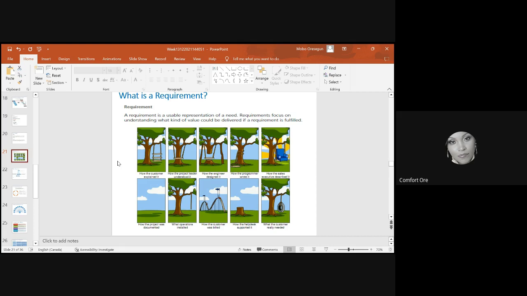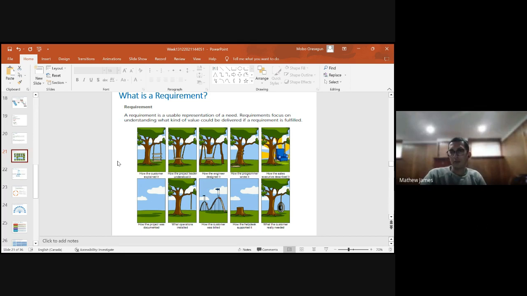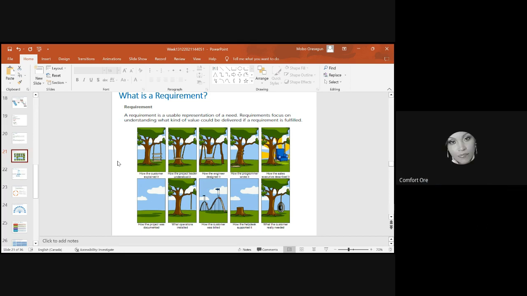So from the little we've discussed, who do you think provides the information on a requirement? Clients. Yes. We say clients, or we say the business. So we refer to the major stakeholders as either our clients or the business. All right.